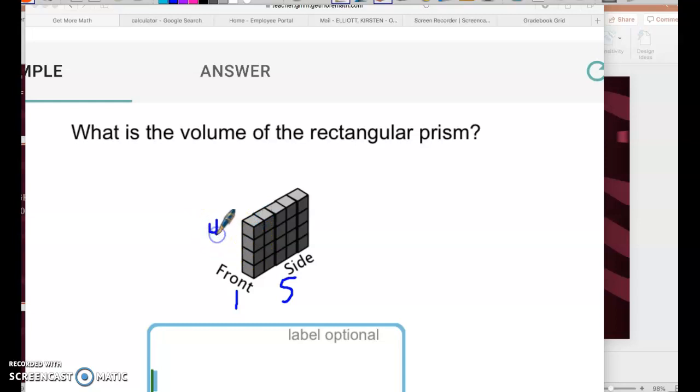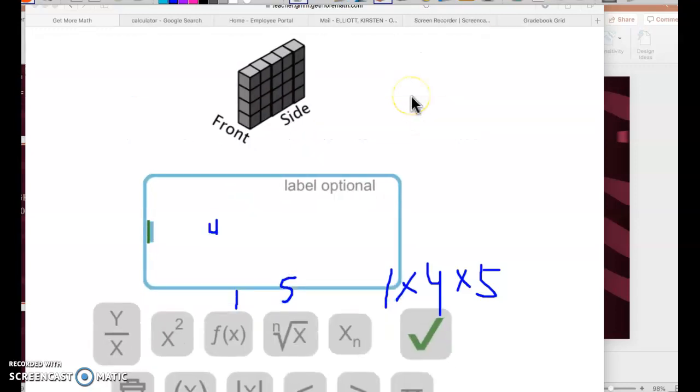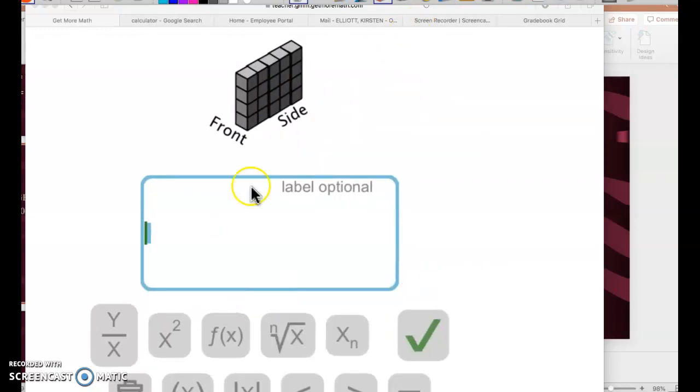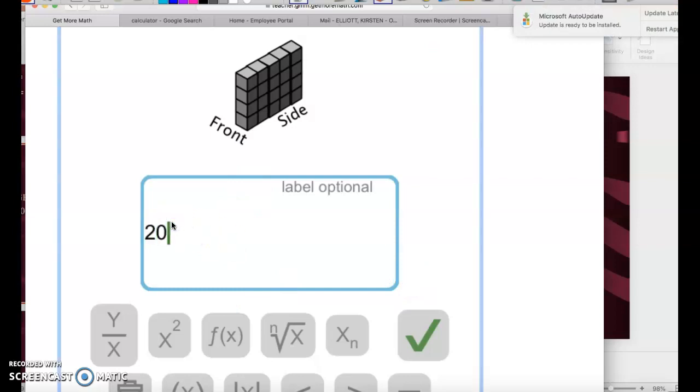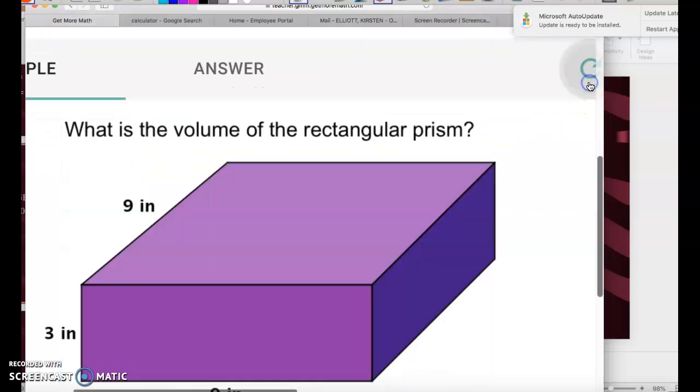So I'm still going to multiply 1 times 4 times 5, and that gives me 20. So my answer should be 20. Here we don't have units. My answer is correct.